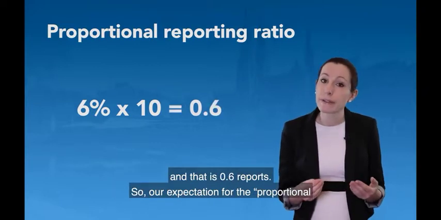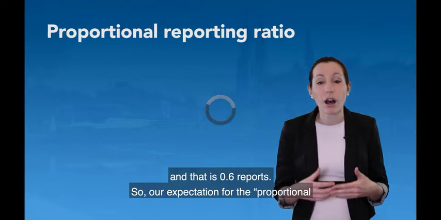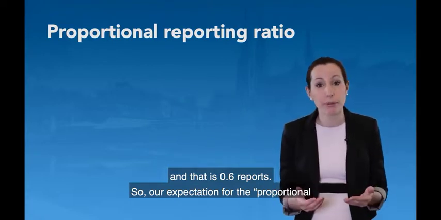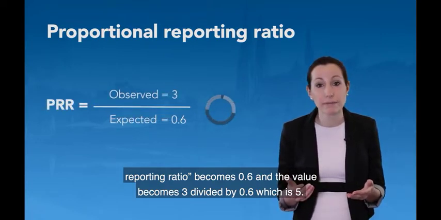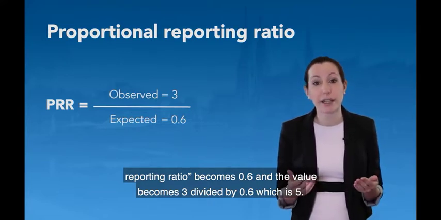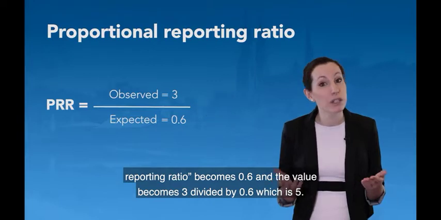And that is 0.6 reports. So our expectation for the proportional reporting ratio becomes 0.6. And the value becomes 3 divided by 0.6, which is 5.